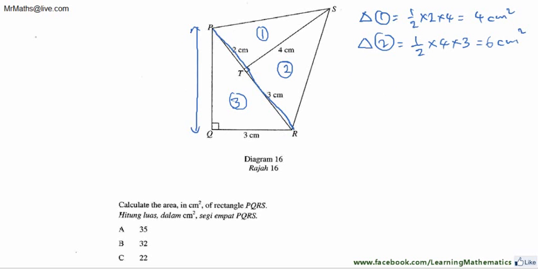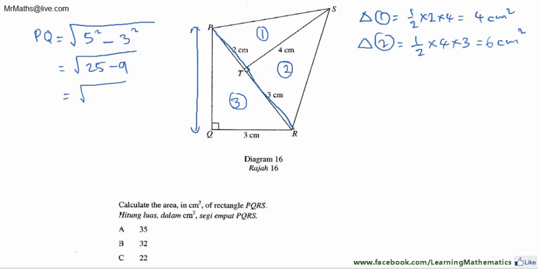PQ is the square root of, using Pythagoras theorem, 5 squared minus 3 squared. Then it's 25 minus 9, which is 16. The square root of 16 is 4 cm.